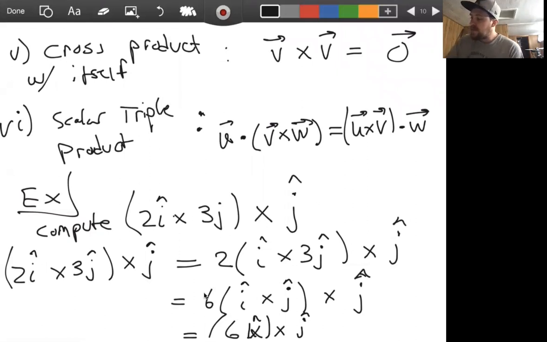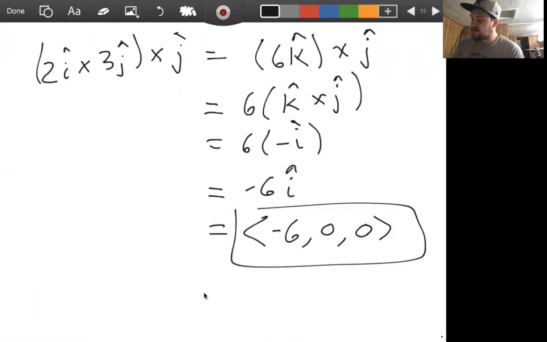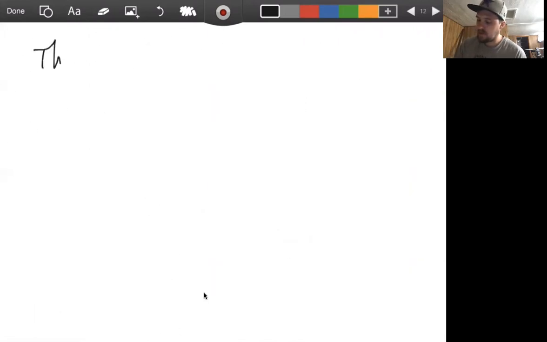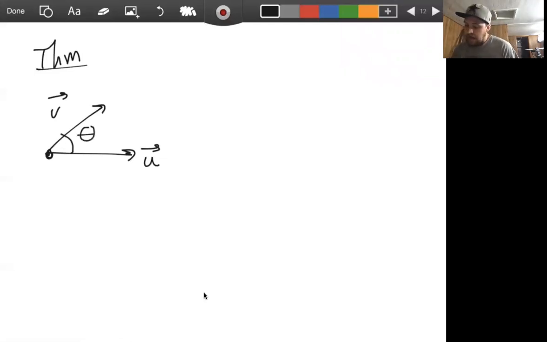Now, the last thing I would like to discuss is a quick theorem, because we have not yet discussed the magnitude of the cross product. We've just discussed the vector itself. Quickly here, a theorem would be that if we have two vectors, u and v, and some angle between them, theta, right? And we can calculate the cross product. This would be like u cross v up here, this perpendicular vector, or this orthogonal vector.